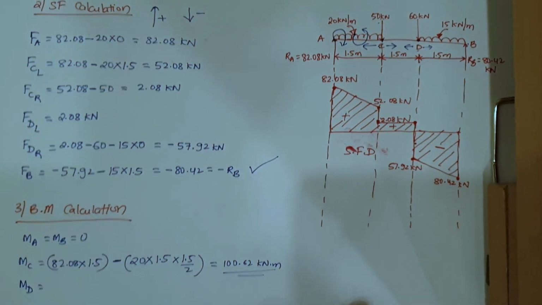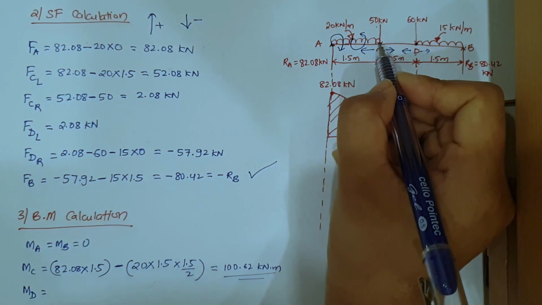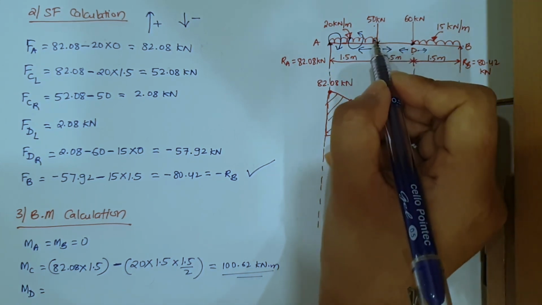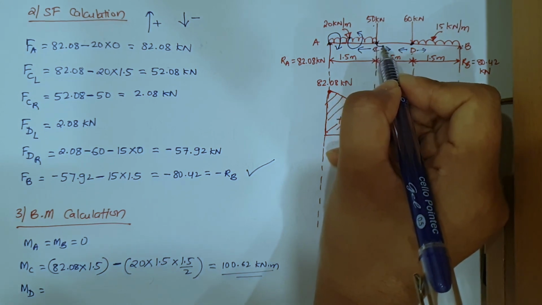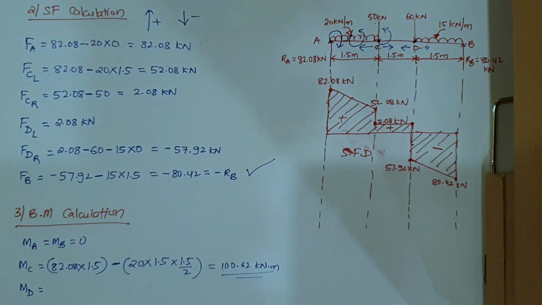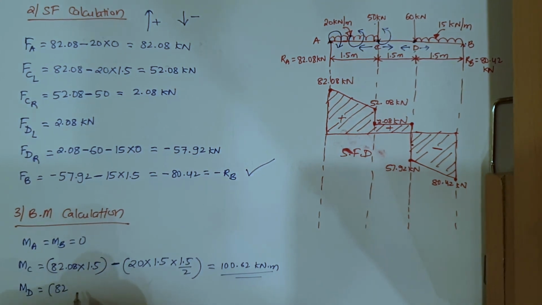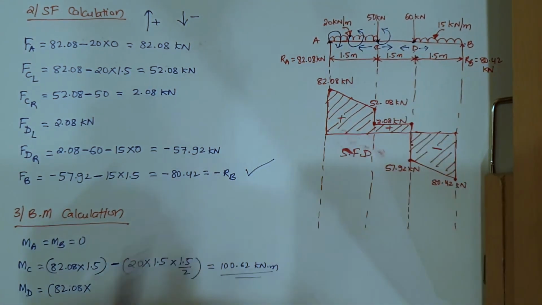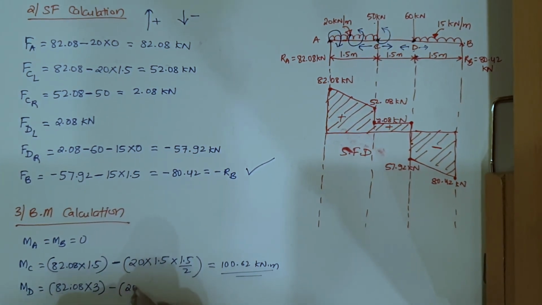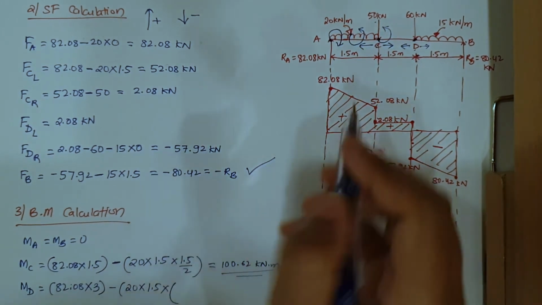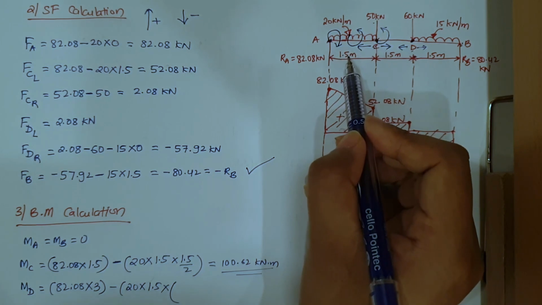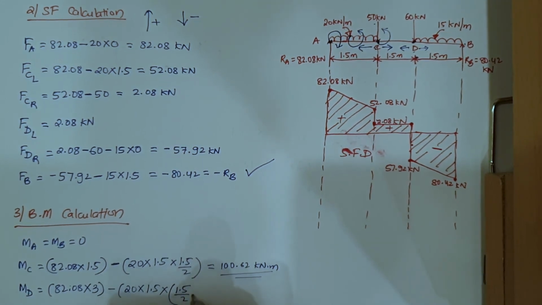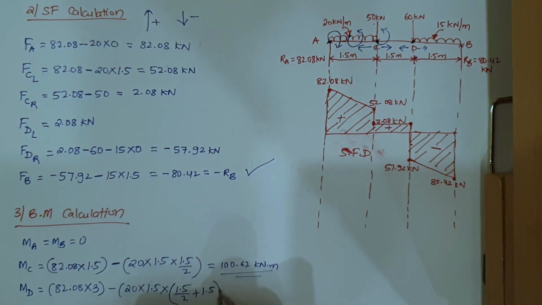Okay, now let us find moment at D. For moment at D the directions will remain the same, only here one more load will be added, the load at C. Because we are going up to D, this whole distance has to be covered. So in between the load at C is also covered, so how will C go towards D? Like this. And which direction is this? Anti-clockwise. So 82.08 into, now the distance will change up to D. So from here till D it is 3 meter. 3 minus 20 into 1.5 into up. The 20 kilonewton per meter load is acting only till 1.5 meter and for the remaining 1.5 meter we need to add it. So how do we add it? It will be 1.5 divided by 2 plus the excess distance 1.5.